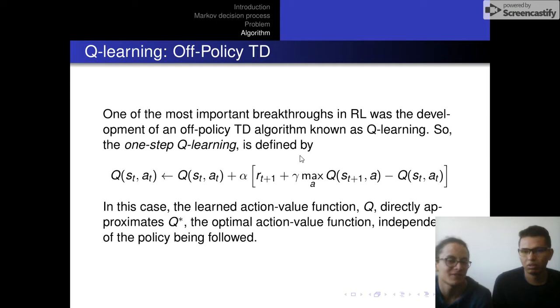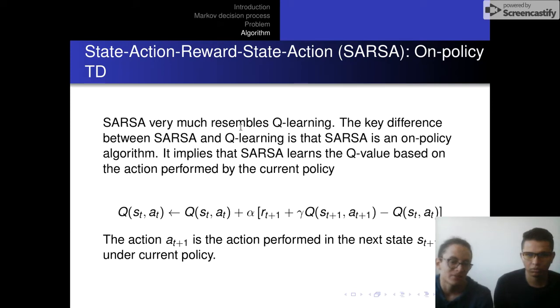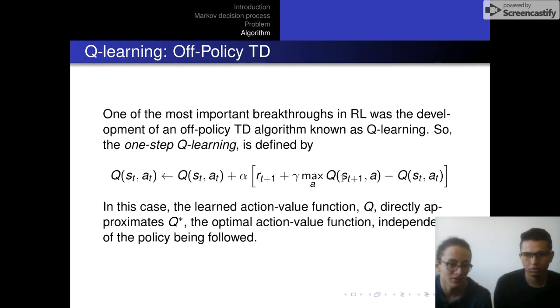That is a kind of error, and the algorithm takes steps until this error is minimized, and when the algorithm converges, it has approximately found the optimal action value function. In this step, we take the maximum over all the possible actions.